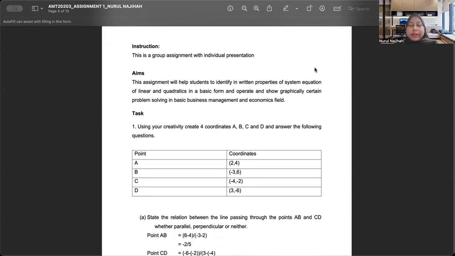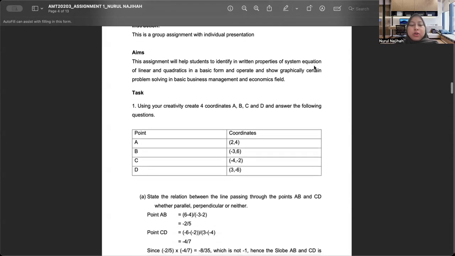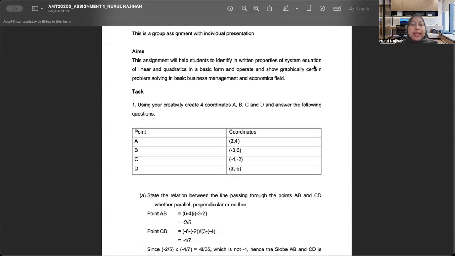So based on the question given by the lecturer, for task 1, using my creativity, I need to choose my own coordinates A, B, C, and D, and answer the following questions. I selected the points randomly based on each quadrant.